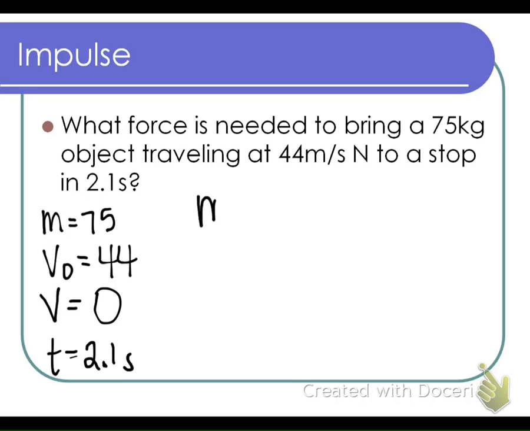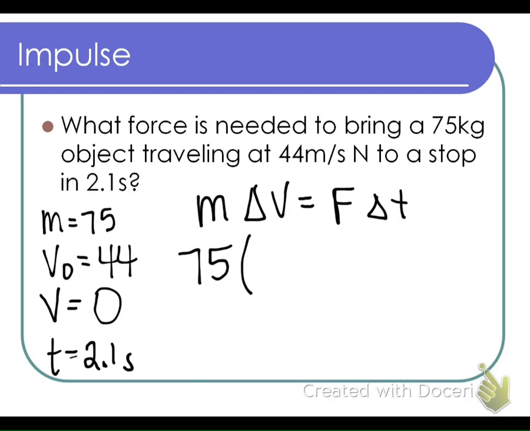So we can take m delta v equals force times delta t. Our mass is 75. Velocity final equals 0. Velocity initial is 44.